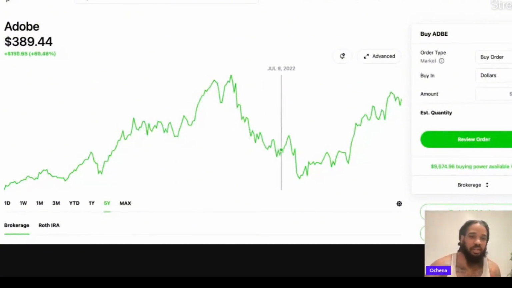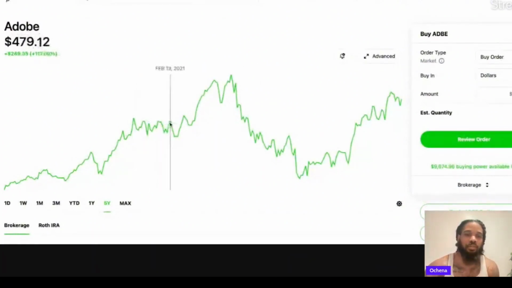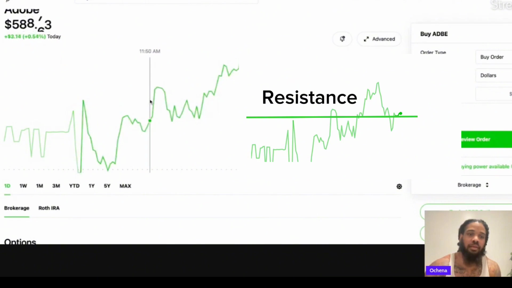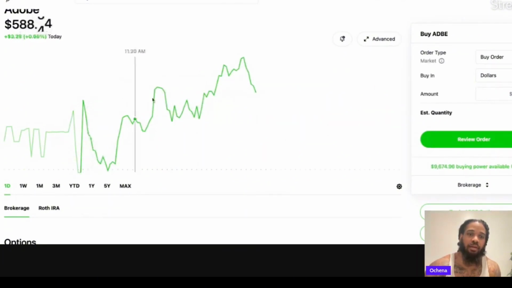So basically with technical analysis, we want to draw a line across the top of where we think the stock ends, say on this 1 day chart. Right here is where the stock increased, and then we want to add a resistance line. We're going to put a line straight across because this was the top price right here, and straight across, as you can see, it almost reached over here as well on this top.